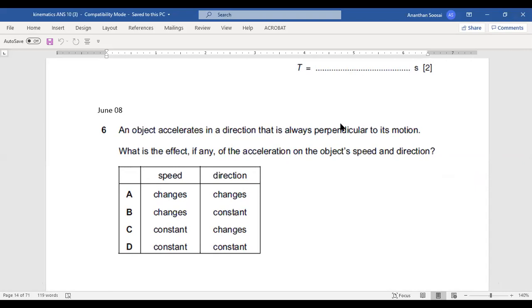Okay, someone says C. Let's see more answers. Everyone saying C. This C is the answer.